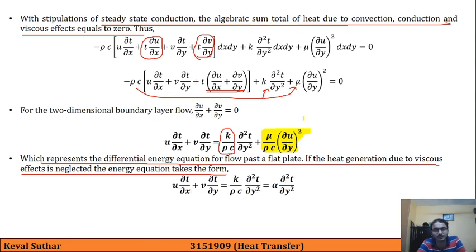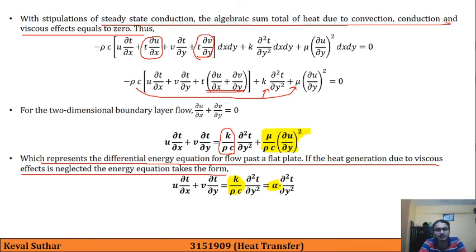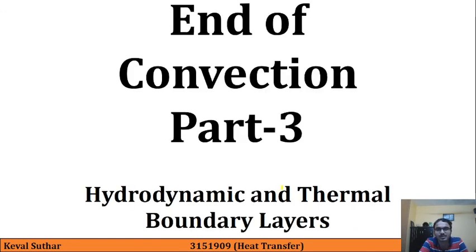So we are only left with the remaining term. So this k by rho c now is replaced with alpha, that is over here. And now this is the end of this theory, that is energy equation for thermal boundary layer, as well as the end of convection part 3.